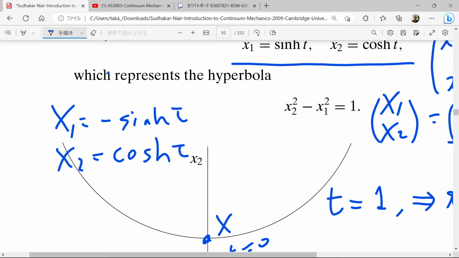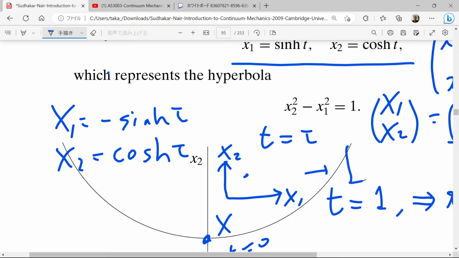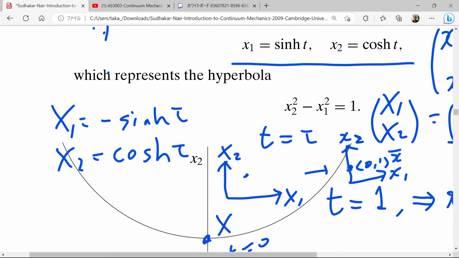At time t equal tau, some point in material coordinate x1 and x2 goes to this point, x2, this point. This is the 0, 1 point, and we also call it x star.